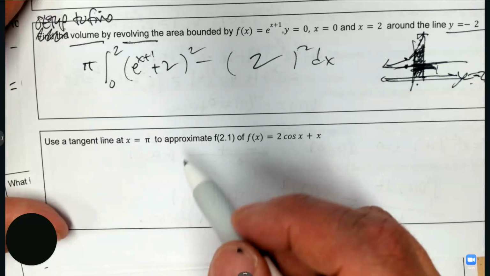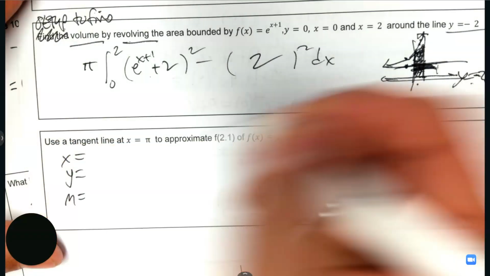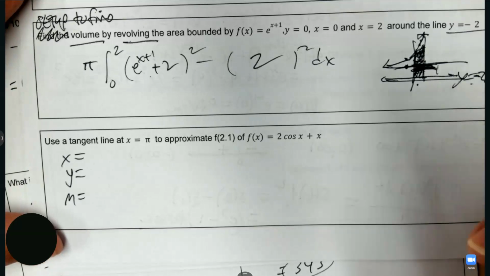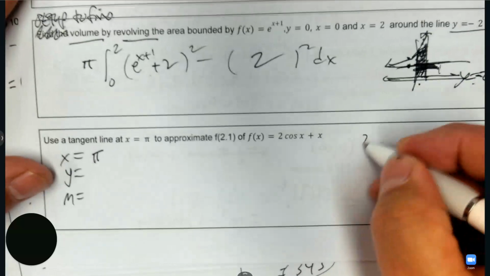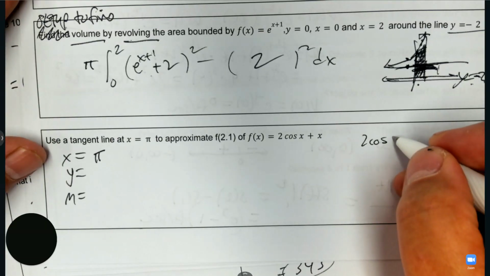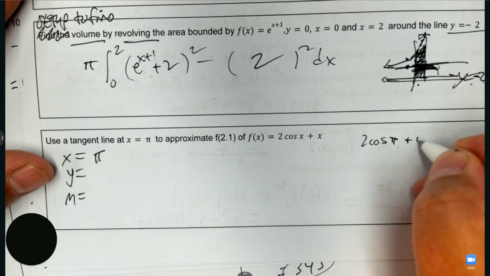All right, use the tangent line approximation to approximate that. So for a tangent line, we need to know x, y, and the slope. So x is pi, and for the y coordinate I need to plug in pi for cosine.